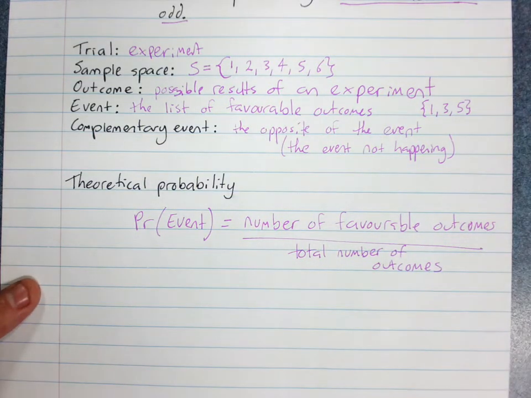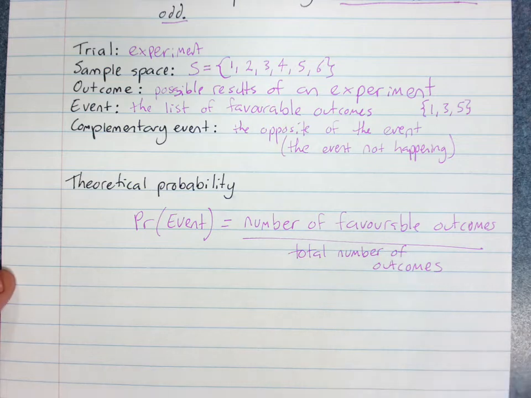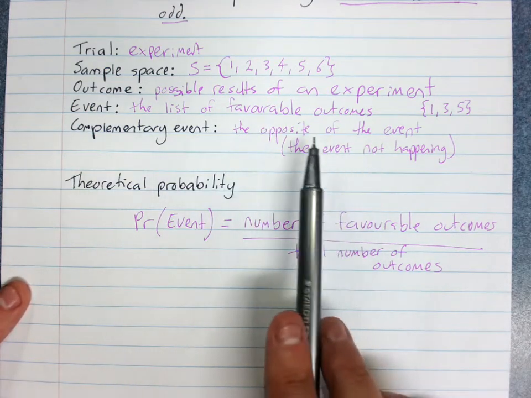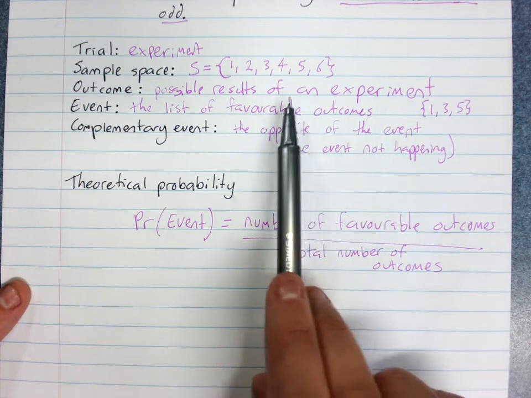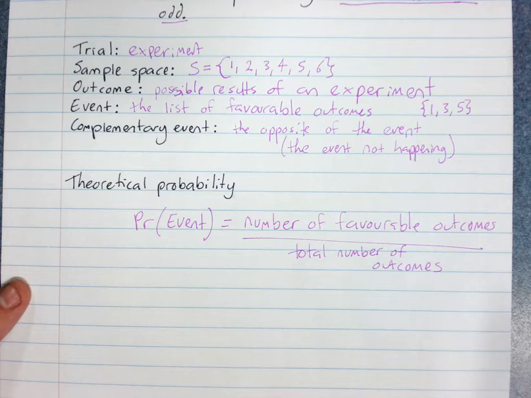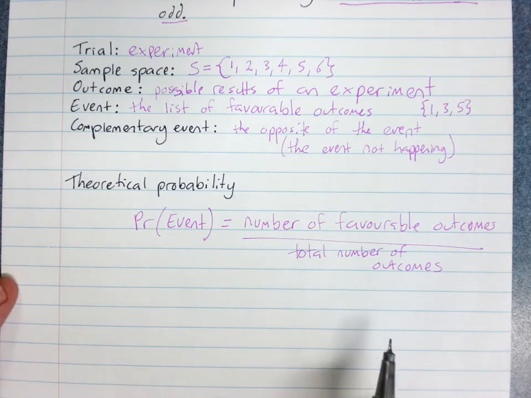Now we can use some slightly more mathematical notation for that, but we don't need it for this first one. So obviously, in this scenario, there are 3 odd numbers, so there's 3 favourable outcomes. There are 6 total outcomes. It's 3 out of 6 is the probability of the event being odd.